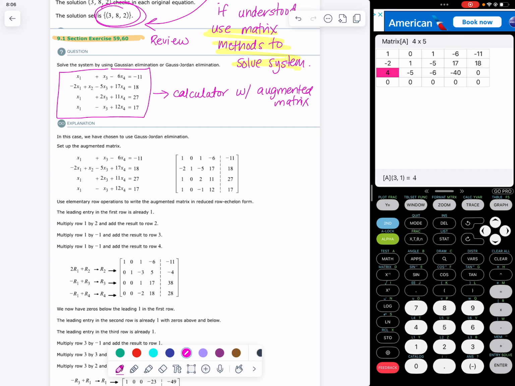And I'll just type the rest, 1, 0, -1 is that next one, 12, and 17.